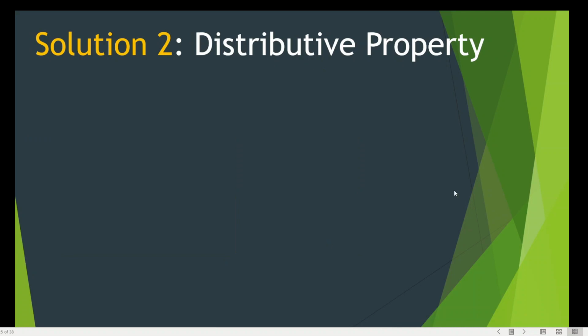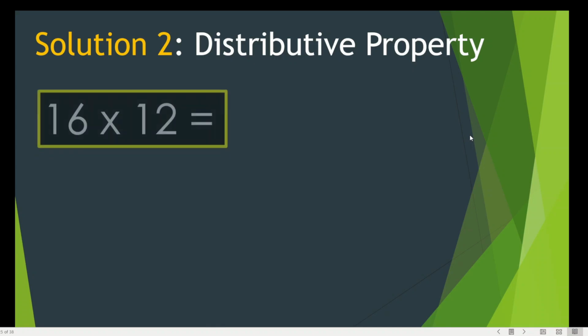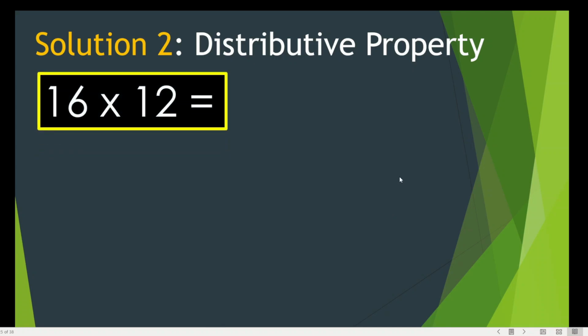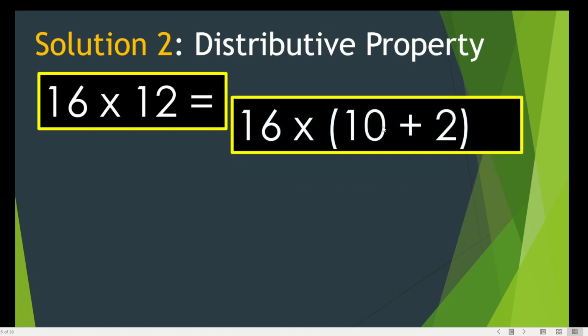In solution number 2, we have a distributive property. So this is how you solve using a distributive property in multiplication. So we have 16 times 12 equals.